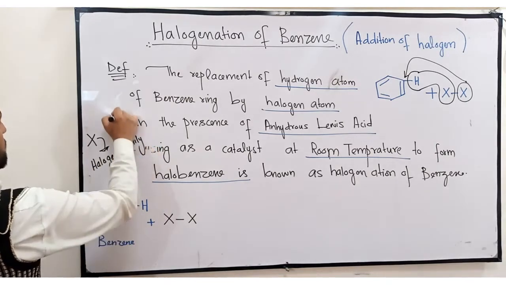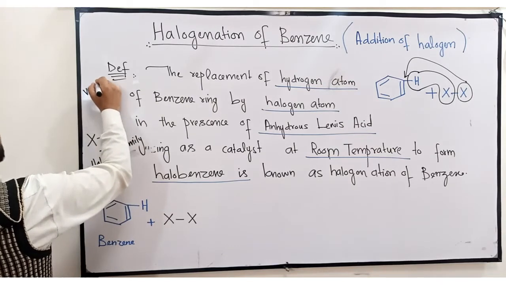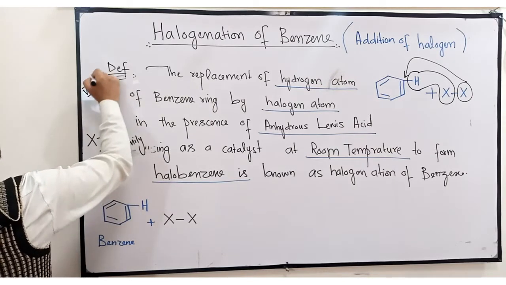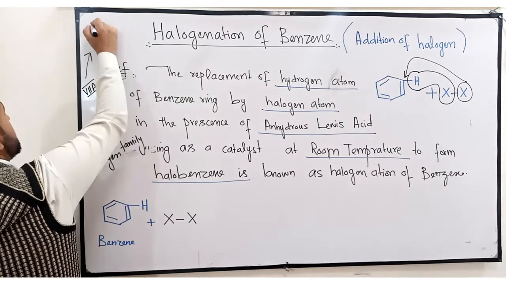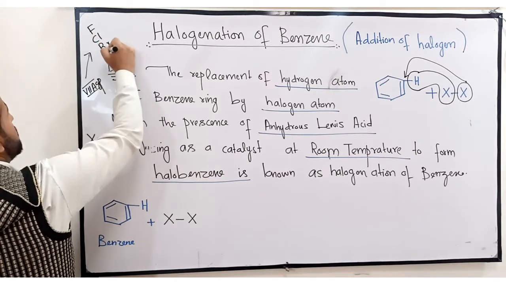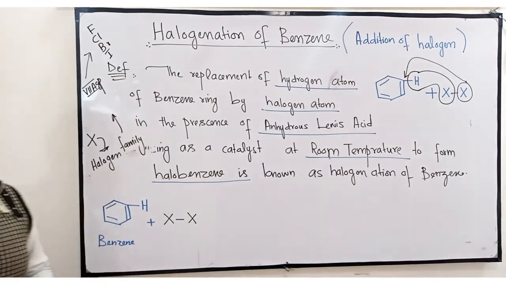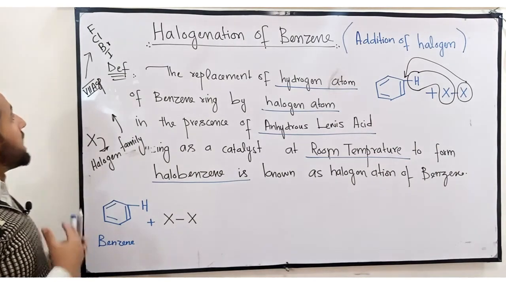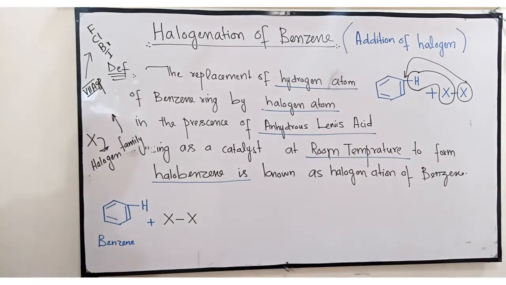Halogen family means the 7A group of the periodic table, which contains chlorine, bromine, iodine. But astatine is also a member of the halogen family. I am not showing that here because it is a radioactive element. Now, what happened?